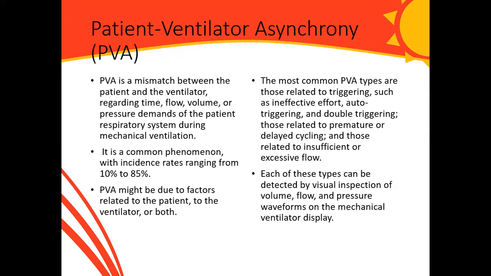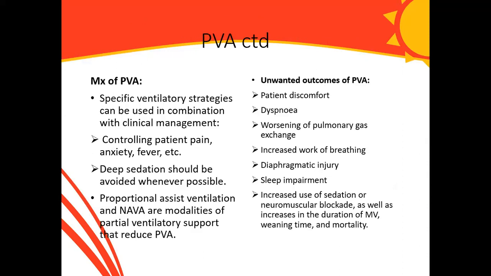It could be due to patient factors, ventilator factors, or both. The most common types are those that are really tricky, like I mentioned before. Each of these types can be detected by visual inspection of the volume, flow, and pressure waveforms on the ventilator display. So how do you manage patient ventilator asynchrony?